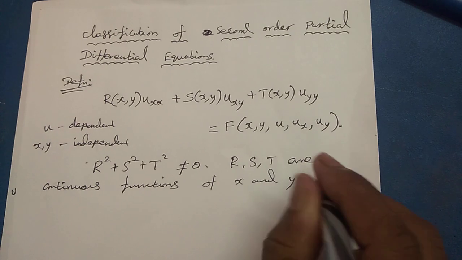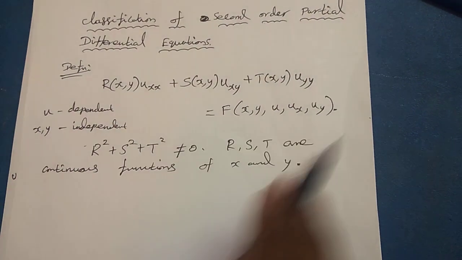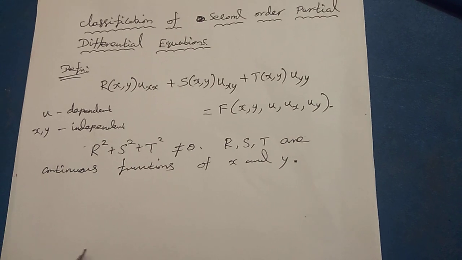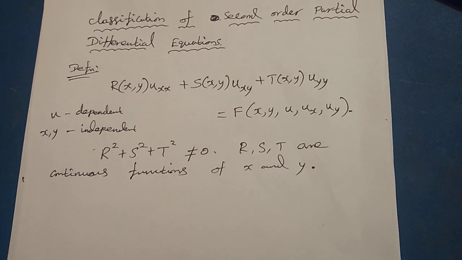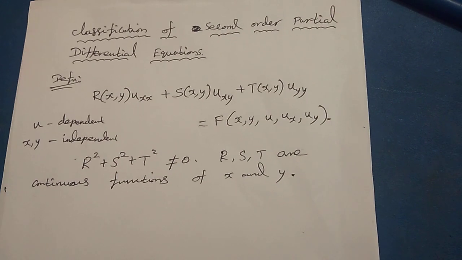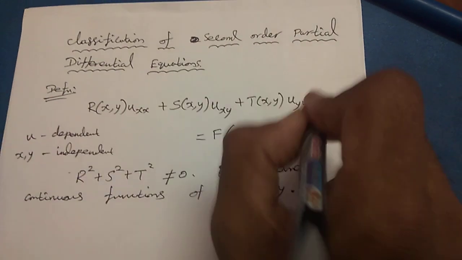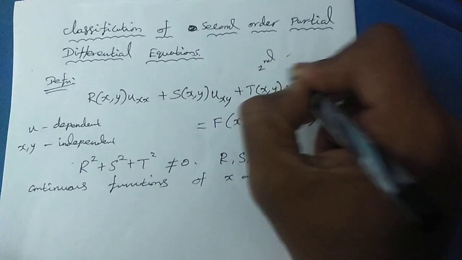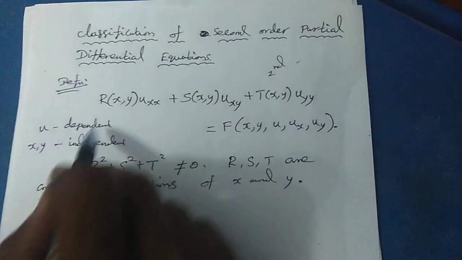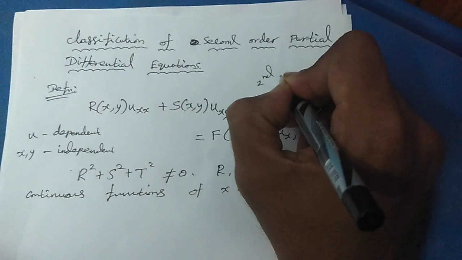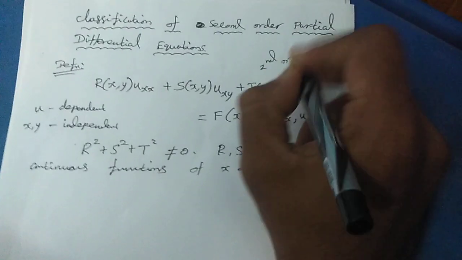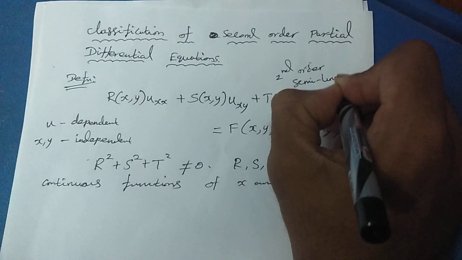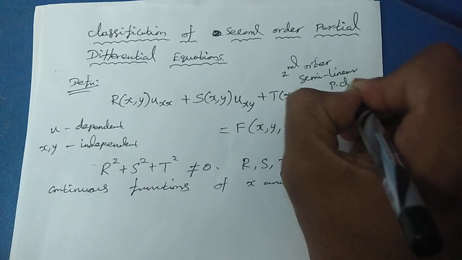So also, what is the solution of this kind of equation? A solution of this kind of equation, that is, the general form of second order semi-linear PDE.